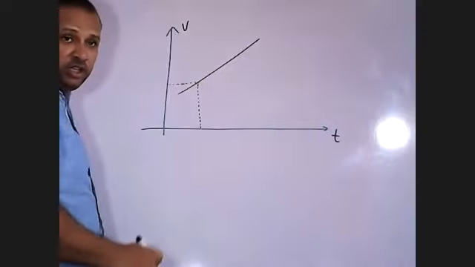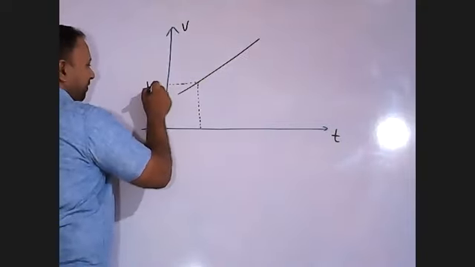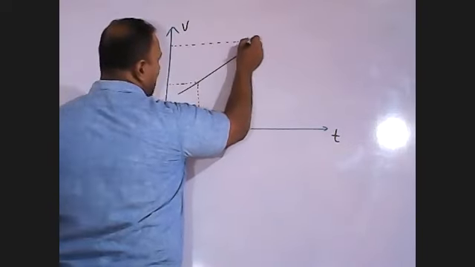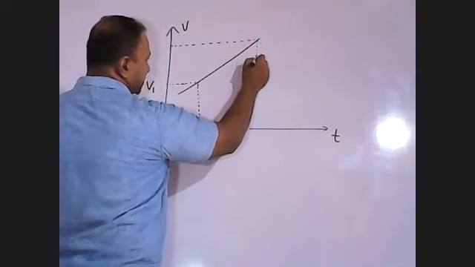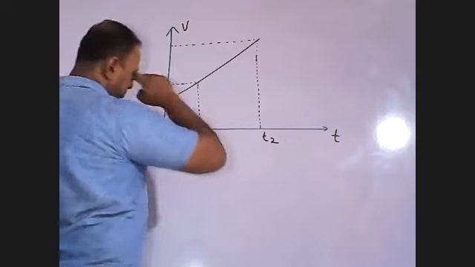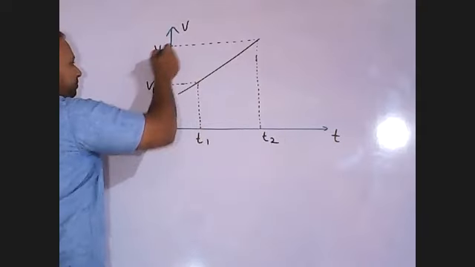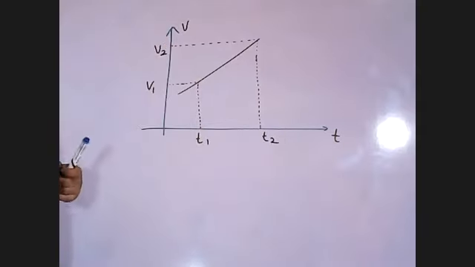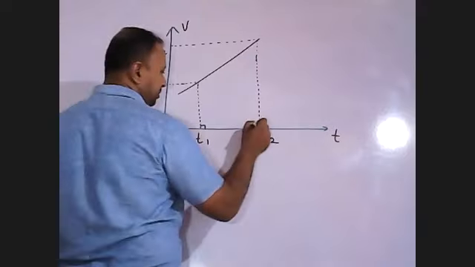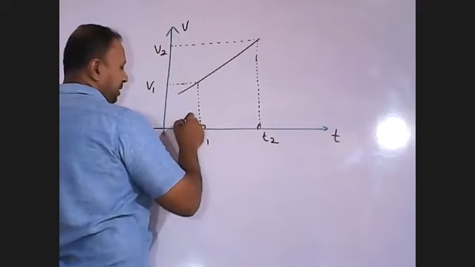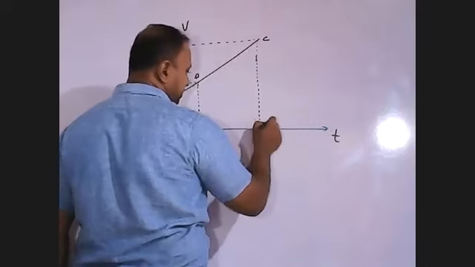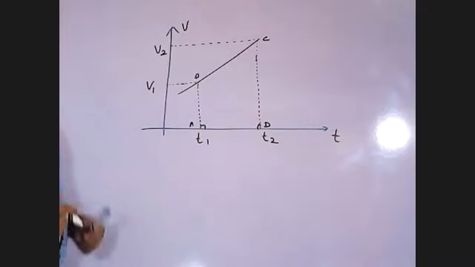The initial velocity of this graph is V1 at time T1, and at T2 time this object has a velocity V2. I can name those points A, B, C, D.